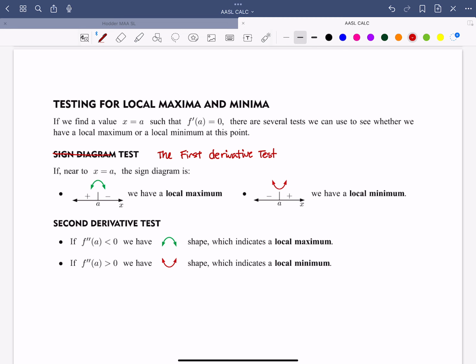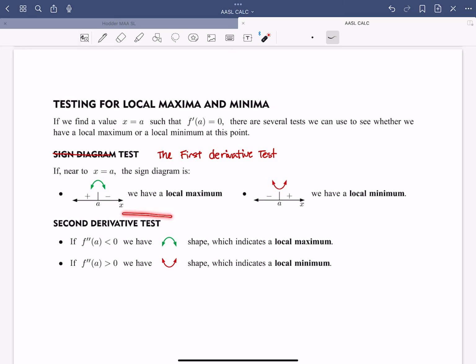That's what the IB will call it, right? Not the sign diagram test. It'll say draw a sign diagram, but the name of this test is the first derivative test. What do you do? Find out when you have a stationary point, draw a number line, sign of f prime before and after, and then you can see if it's a local max or min.